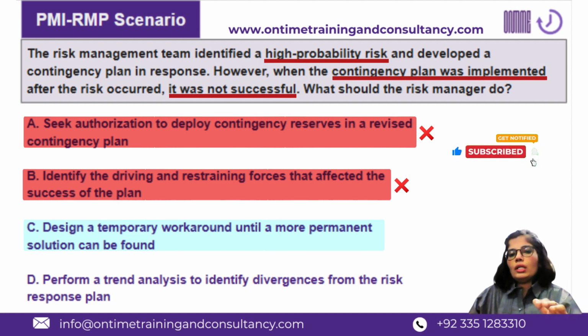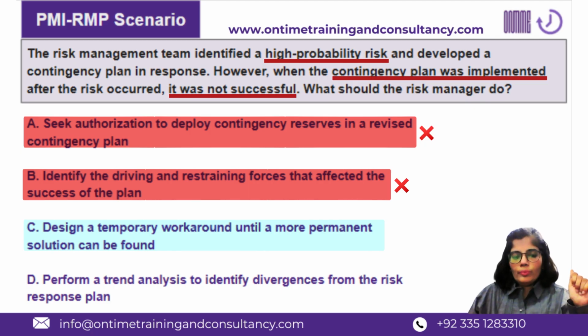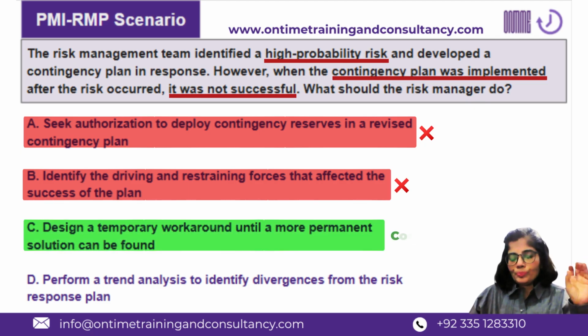So in one way or the other, a workaround is to fix an unknown situation or an issue. So you need a workaround because this situation is also an issue now. And till the time you come up with a permanent solution, you are going to deal with the situation with this temporary workaround. So this is going to be the right thing to do.